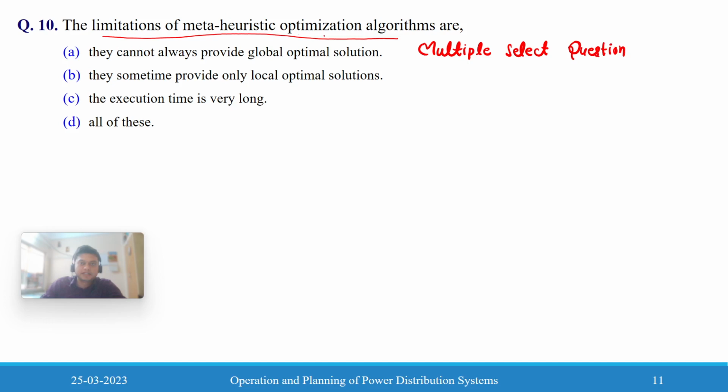The options are: A, they cannot always provide the global optimal solution. B option is they sometimes provide only local optimal solutions. C option is that the execution time is very long, and D option is all of these.